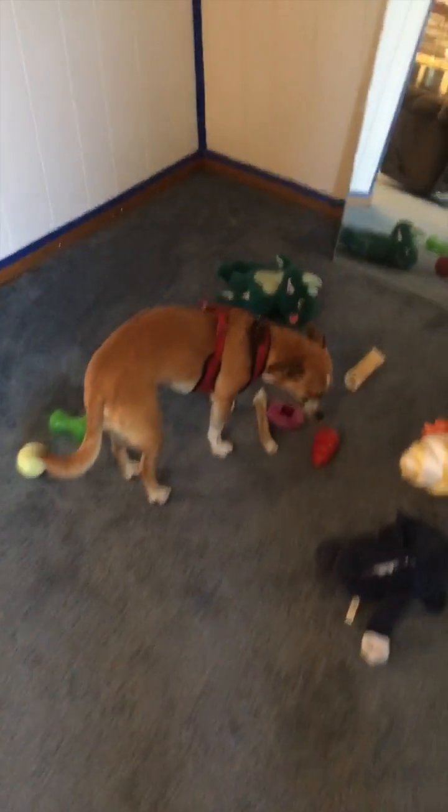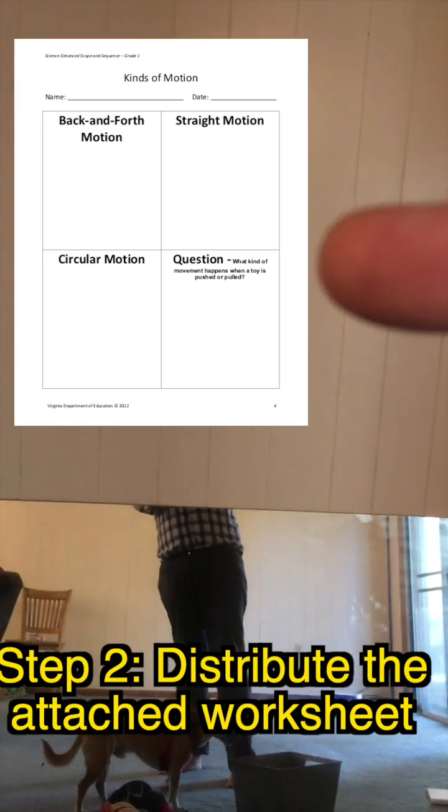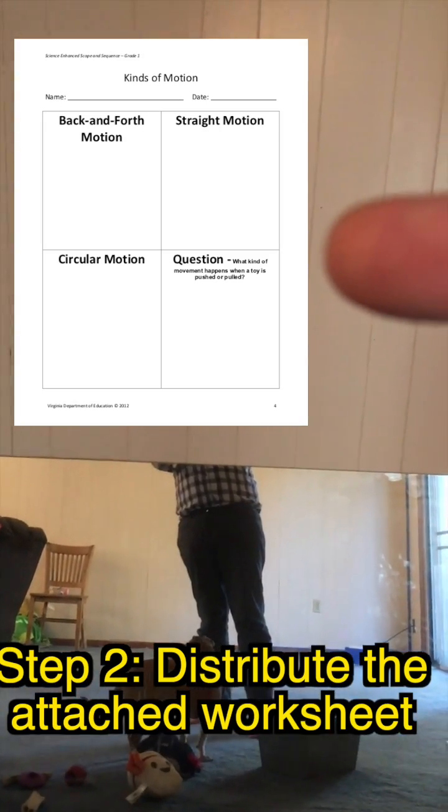But first, before you let them explore, you're going to use this worksheet that's attached, and it's going to talk about the 3 different types of motion that you can exhibit on an object. And it's going to have a question. And that question is right there.